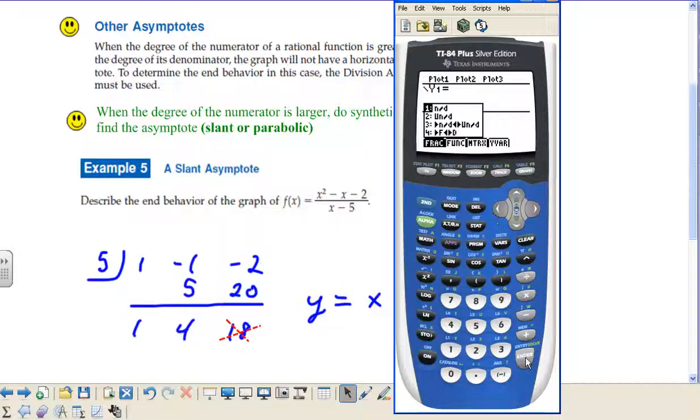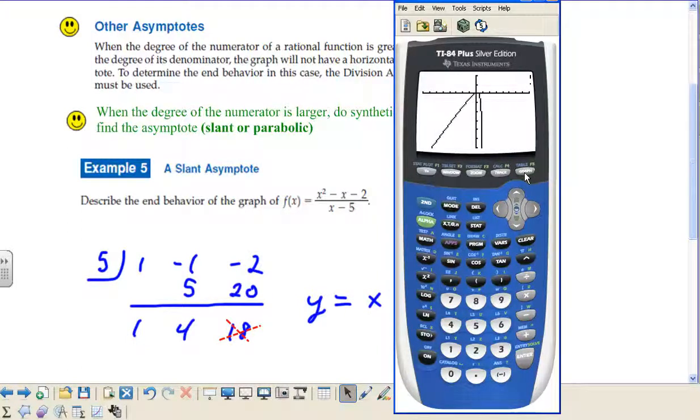In the numerator we have x squared minus x minus 2, and in the denominator we have x minus 5. And our answer in this case is x plus 4, so we'll put x plus 4, our slant asymptote. And if I graph these, I have a pretty good sized window here so we can see all of it. I think I'm going to have to change this.